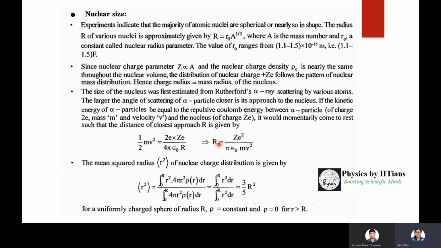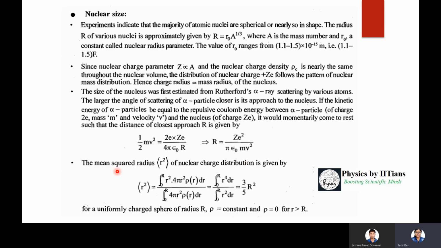So this is a very important formula. You should remember that r is Z square by pi epsilon naught mv square. Whenever there is a distance of closest approach, you should equate the kinetic energy to the potential energy, and from that relationship we get r equals Z square by pi epsilon naught mv square.